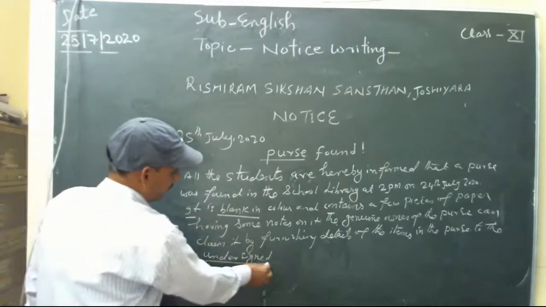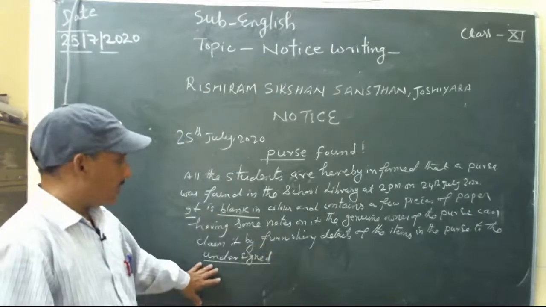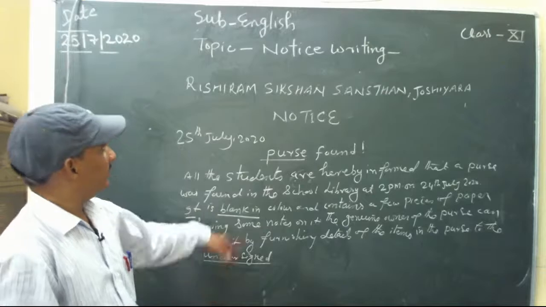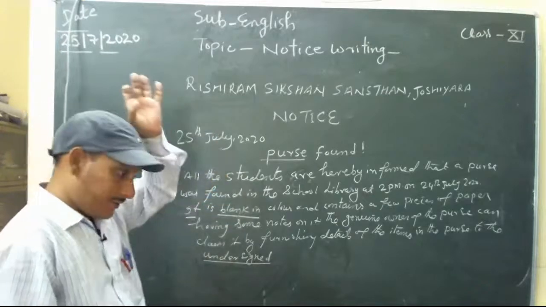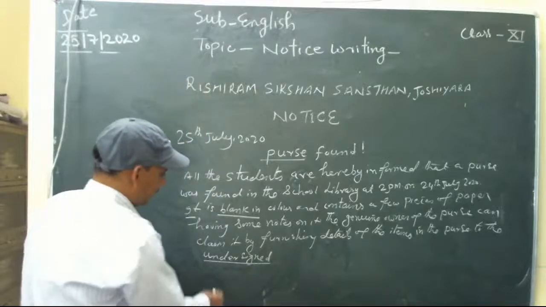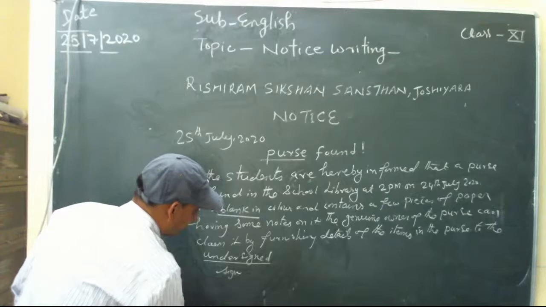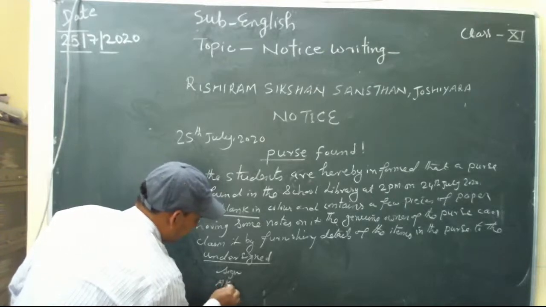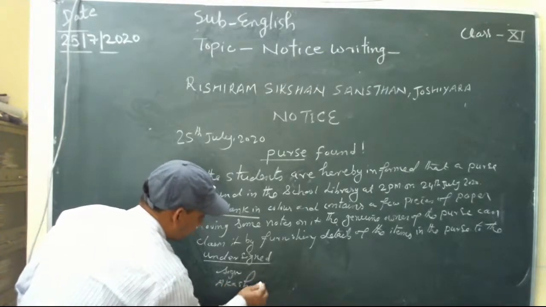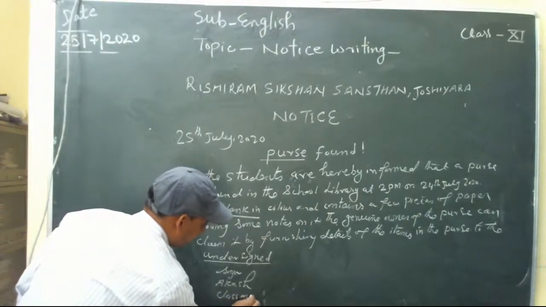Now the genuine owner will have to contact this person. Who is he? What we have seen in the question is it is Akash. So now you can put your sign here. So write again your sign, then name as Akash, and here last this is designation, monitor.